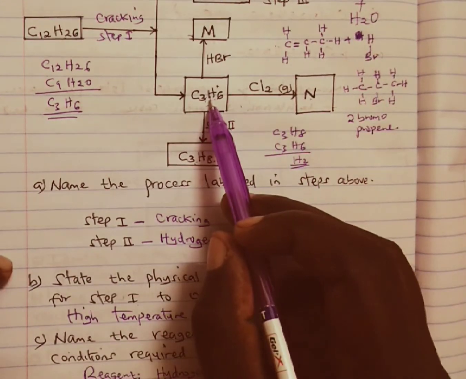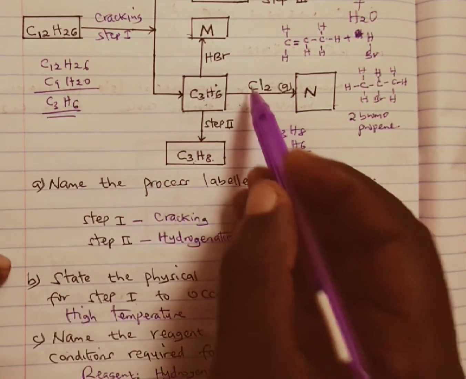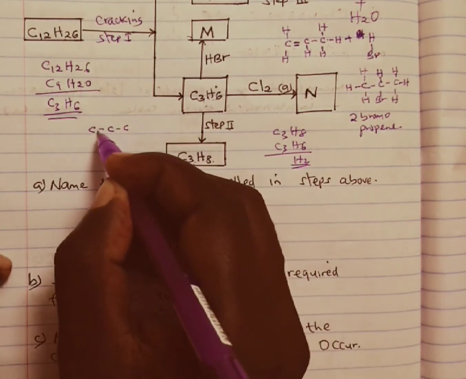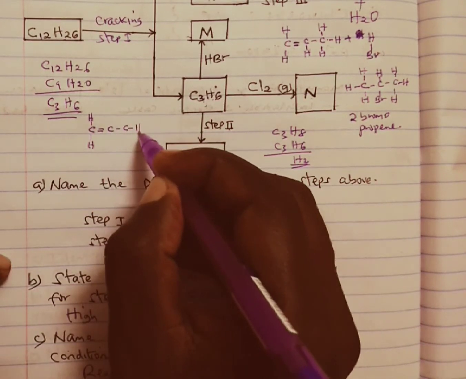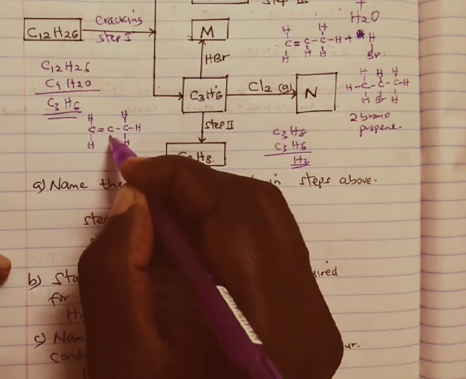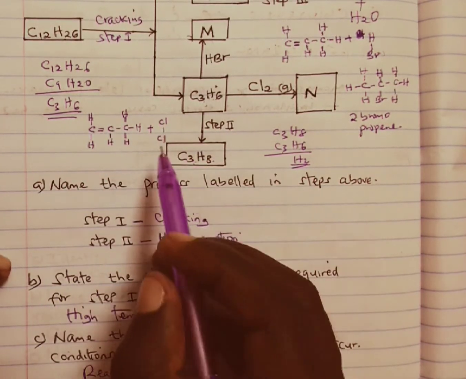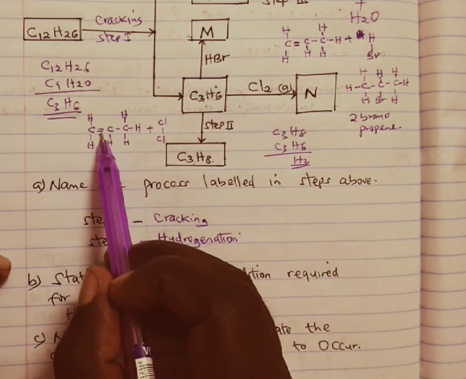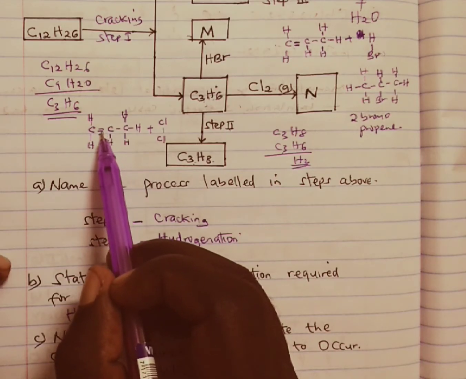Then we have propene also reacting with chlorine in the same way. Let me show it here. We have C. The double bond is somewhere here. We have the 6 hydrogen atoms. This is 3 already. We have 1, and of course chlorine here. Then this is where the reaction takes place, and chlorine reacts with propene by breaking the double bond.